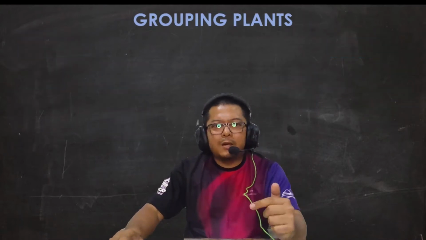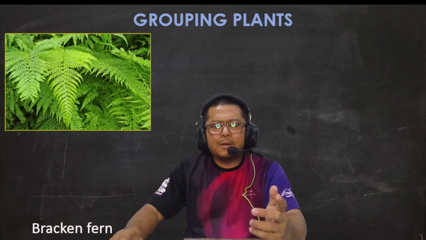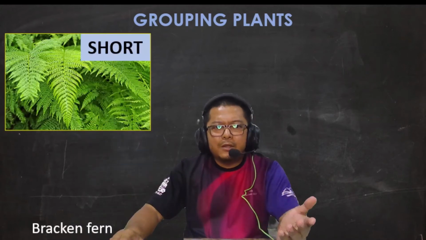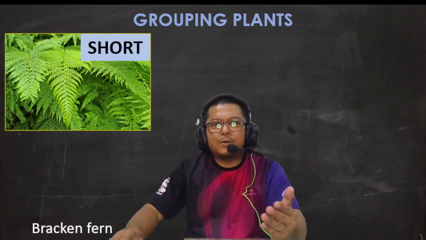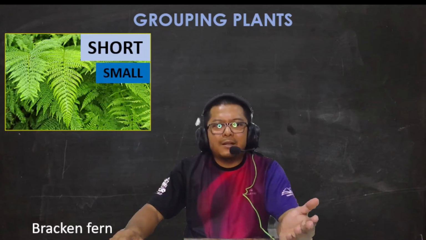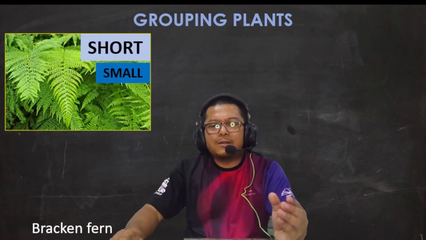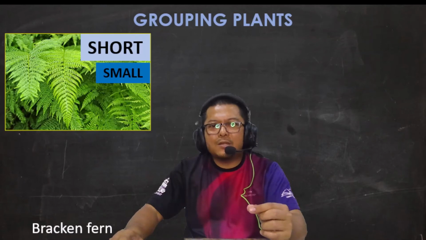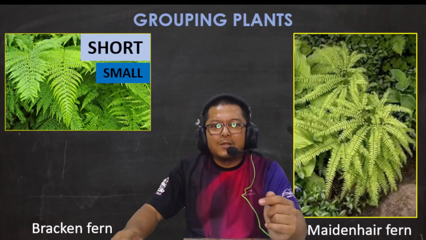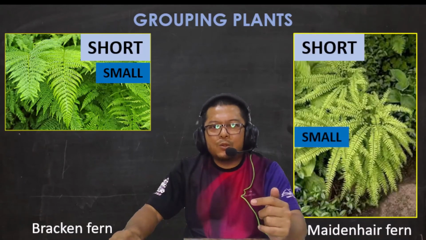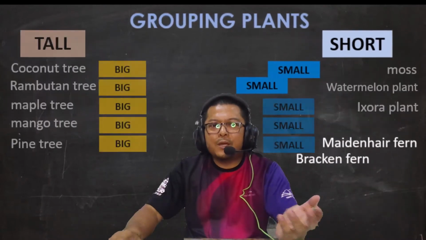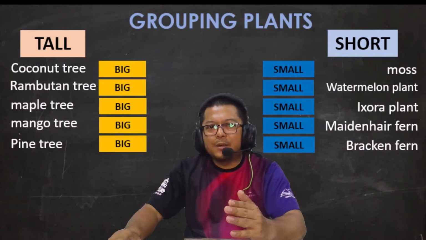Okay, next plant, bracken fern, a short group, short plants and small plants. It's not that small, but it is considered small. And maidenhair also short and small, so we can put it in this group. Maidenhair and bracken fern in the short group and it's small.